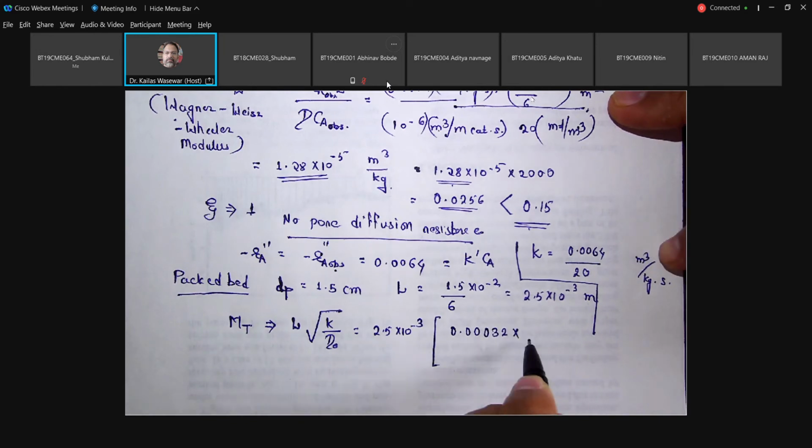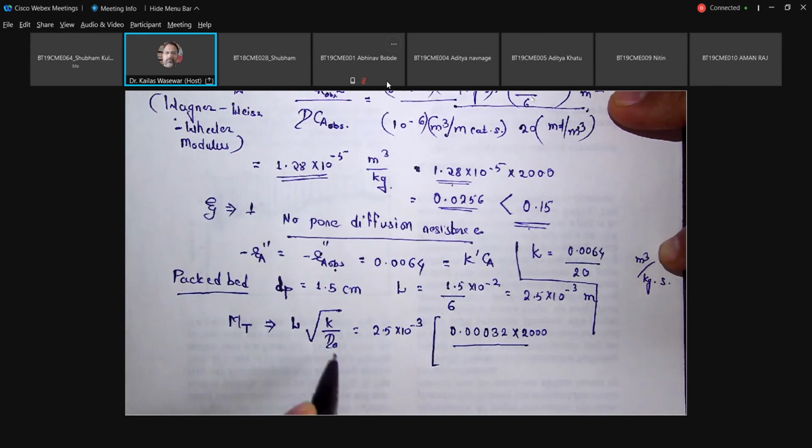So we have to multiply again with the density, that is 2000, divided by D. D is given as 10 to the power minus 6, and square root of this. Yes, so what is this value?